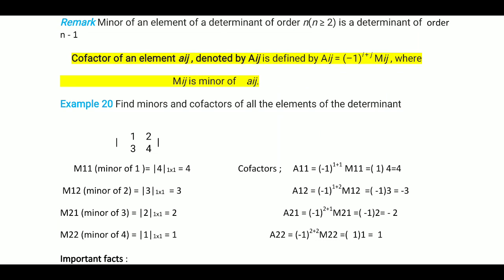Using the above definitions, we have to find the minors and cofactors of all elements of a determinant.